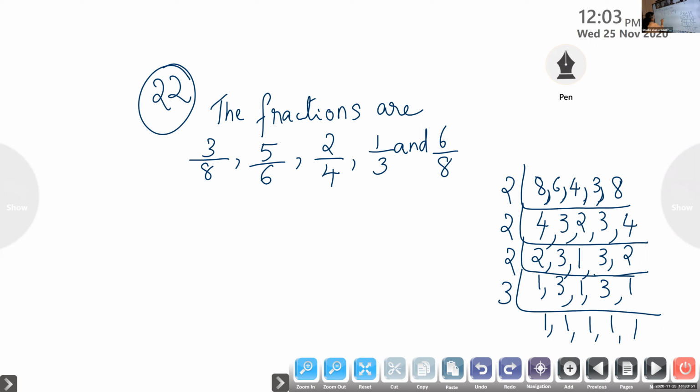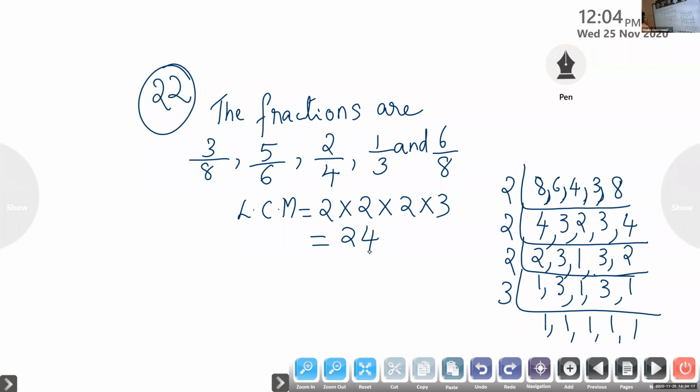Is it 12 or 24? 2 into 2 is 4, 4 into 2 is 8, 8 into 3 is 24.